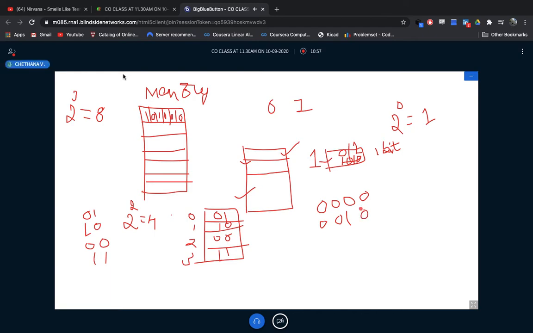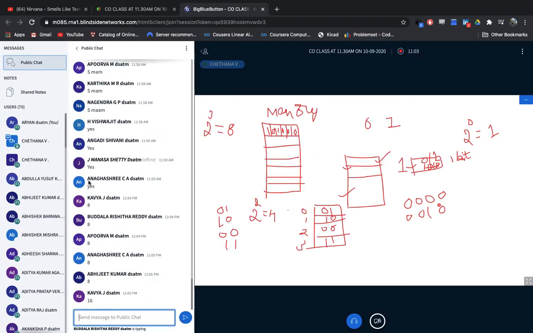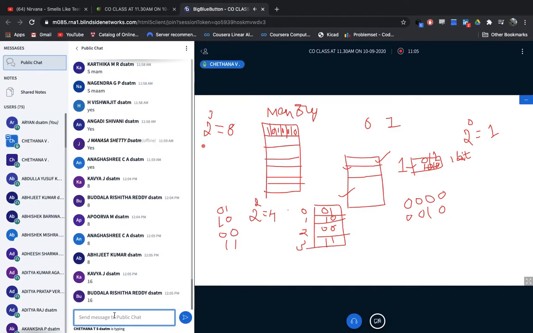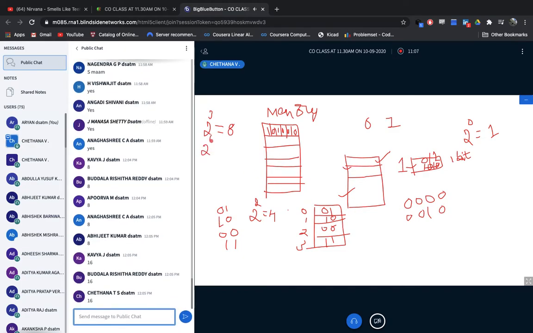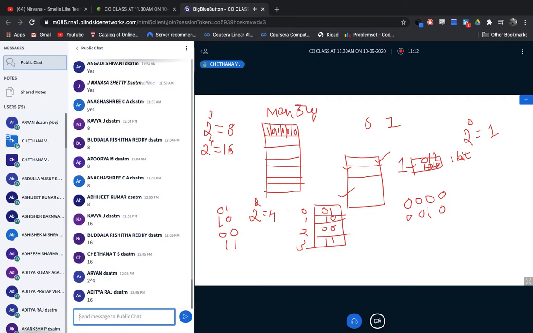Now tell me how many memory locations you require at maximum? 2 to the power of how much? 2 to the power of 4. 2 to the power of 4 is equal to 16. I hope you got my point. In general, that is what is required: 2 to the power of n bits.